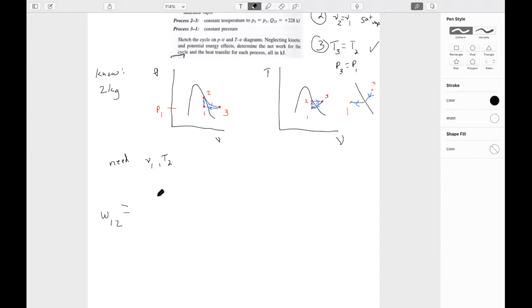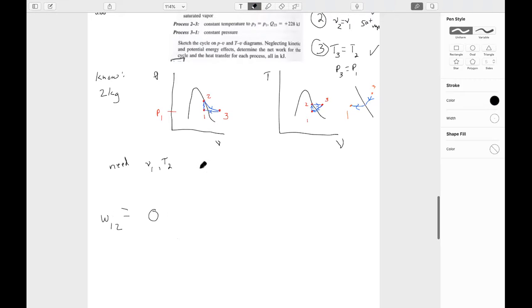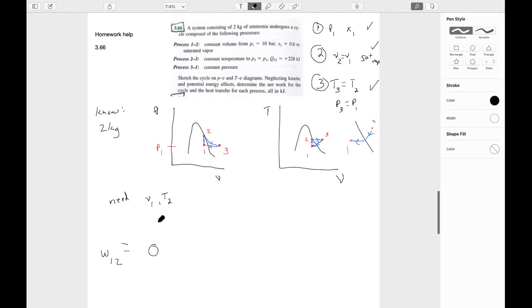Just call it out. 0. And how do you know that? When volume is constant, work is 0. Yep, it's that simple. And so if the work from 1 to 2 is 0, then the heat from 1 to 2 is just going to be U2 minus U1. Make sure to do 2 minus 1.